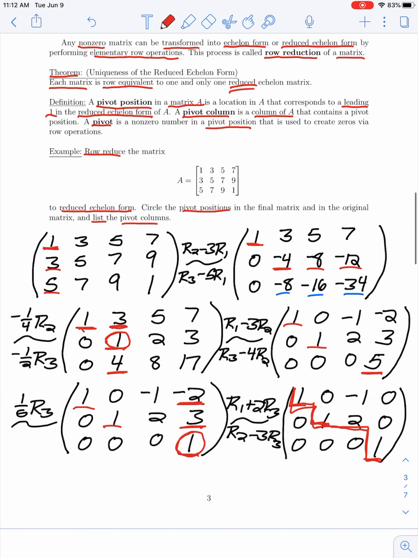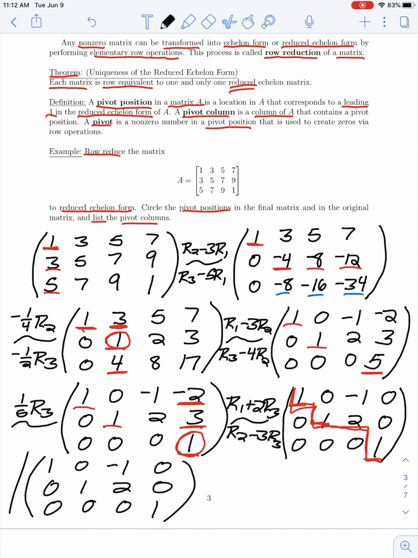The matrix that we were looking for, our final answer here, is this matrix: 1, 0, negative 1, 0, 0, 1, 2, 0, and 0, 0, 0, 1. So this would be the matrix that we were given, A, reduced to reduced echelon form.